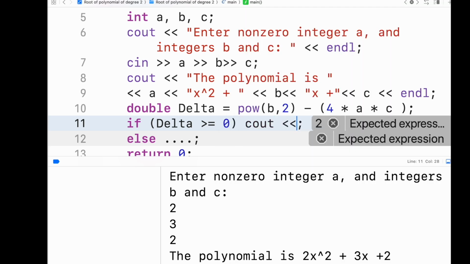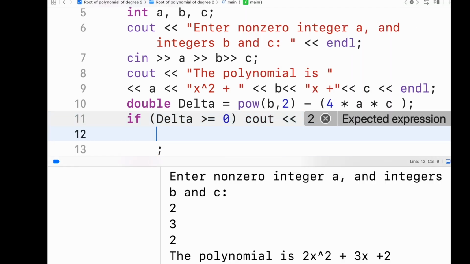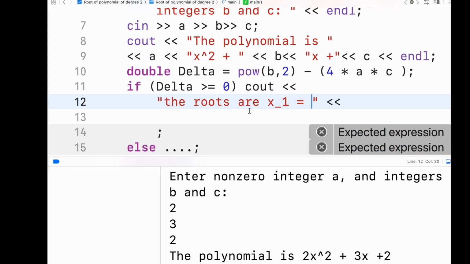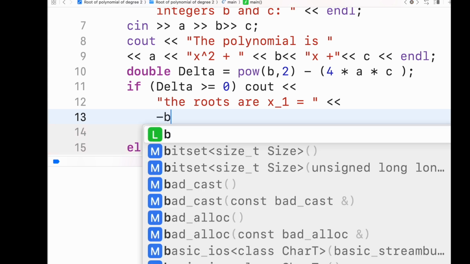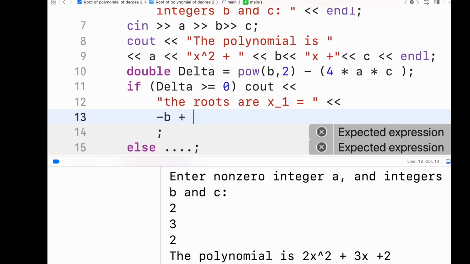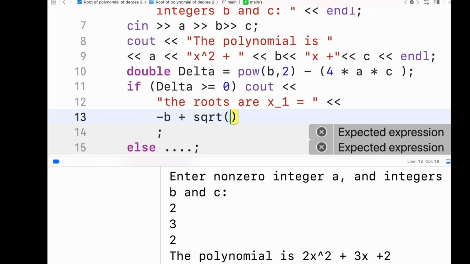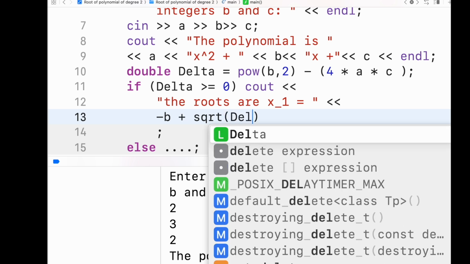If it is true, then print that the roots of our polynomials are x1, and x1 is actually minus b plus root of, sqrt, our delta.